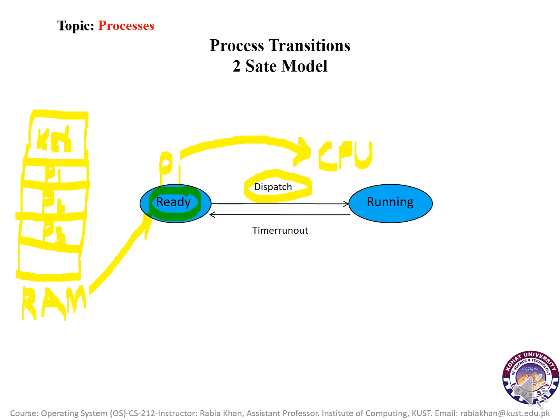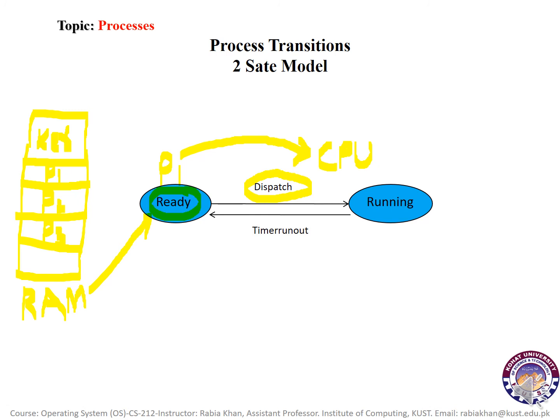Keep in mind, the dispatching function is a function of the operating system which changes the state of a process from ready state to running state. Keep in mind, this dispatching function is only used when a process changes its state from ready to run.